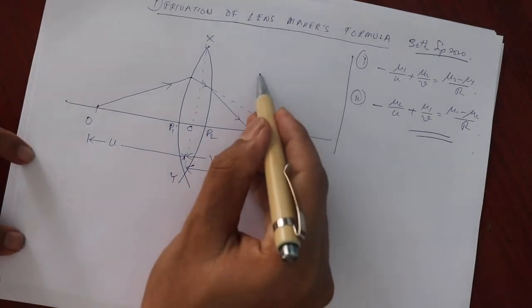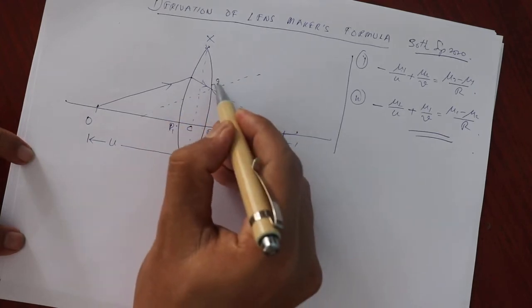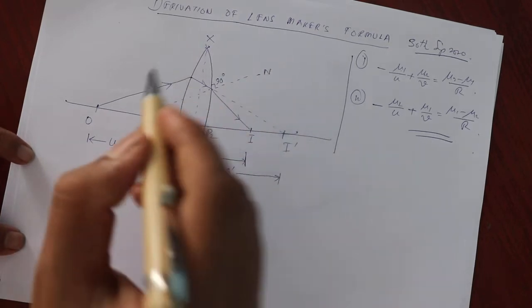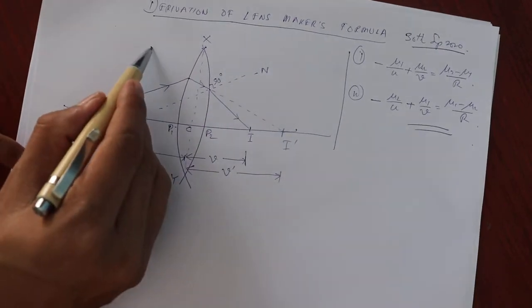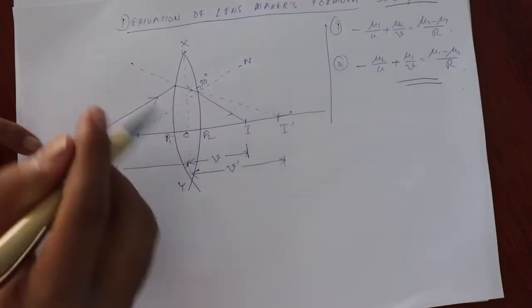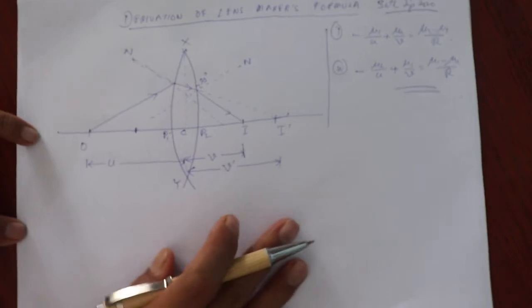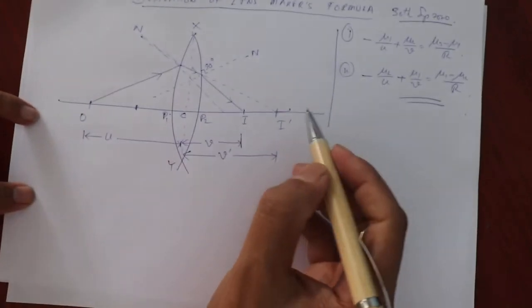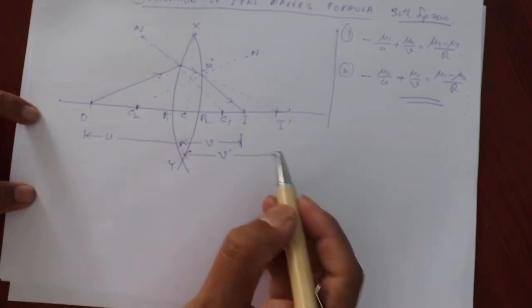And if you drop two lines, one is perpendicular to the surface here. It's 90 degrees. This is the normal, so it should be passing through the center of curvature. Similarly, if you draw another line here, this should be the normal, so it should be passing through the center of curvature. Let me call them C1, C2 here.